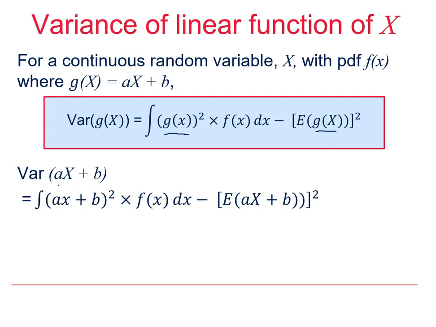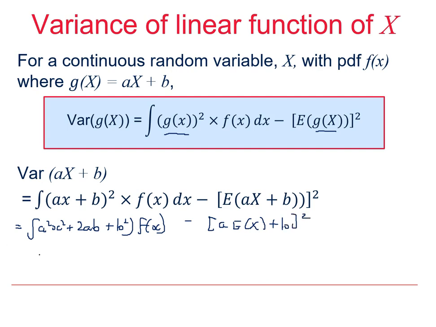And then you may like to have a go at writing this out, and you will find that, very much in the same way as when we did it with a discrete random variable, we will end up with this as our first stage of simplification.